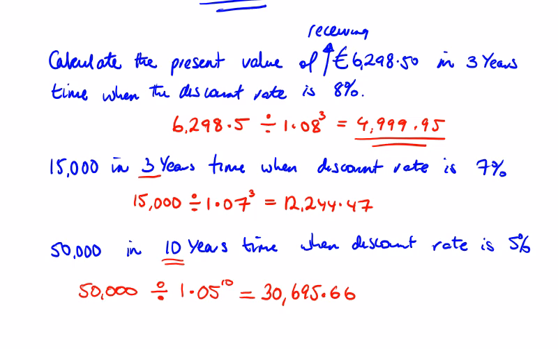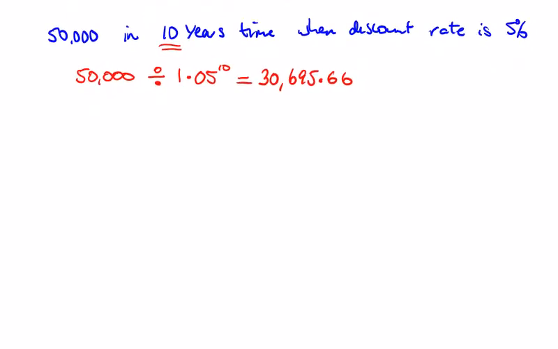So present value and future value. Practice these questions, make a few up yourselves. The way to make up a question: say to yourself, if I want 100,000 euros in 10 years' time, how much would I need to invest if the interest rate is 10%?